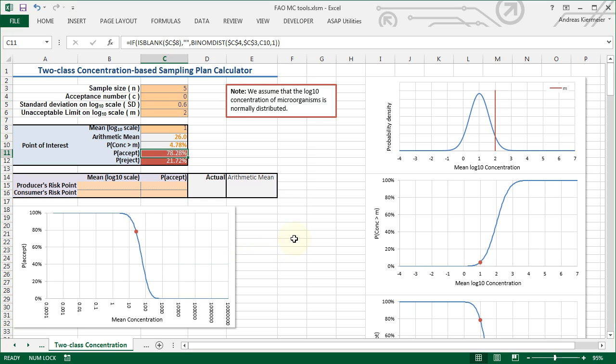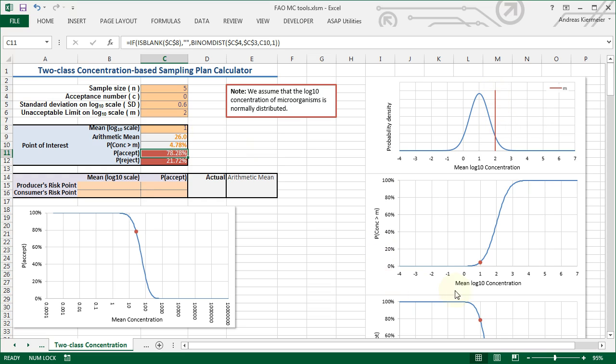The three graphs on the right hand side here show some additional information that you might be interested in. The first plot shows the normal distribution with the specified mean concentration of 1 and the microbiological limit of little m.